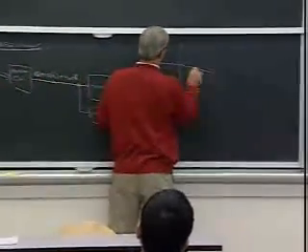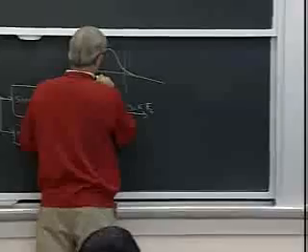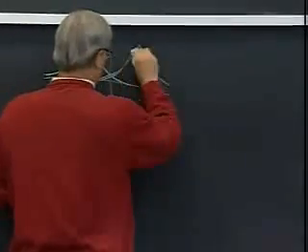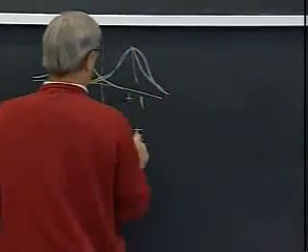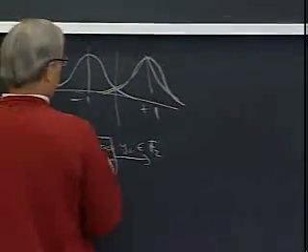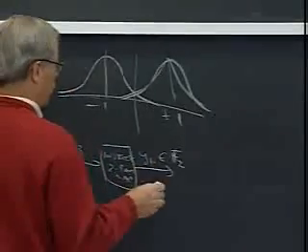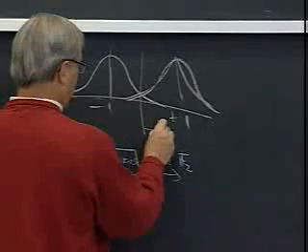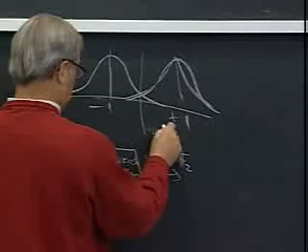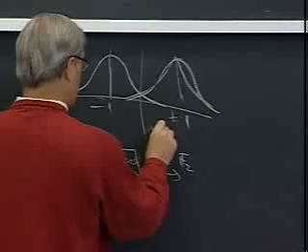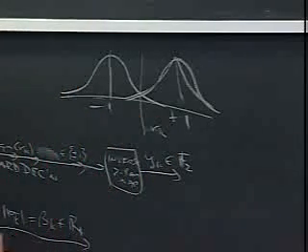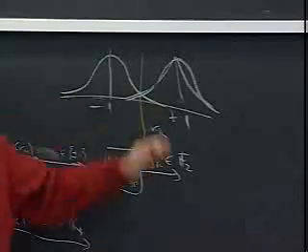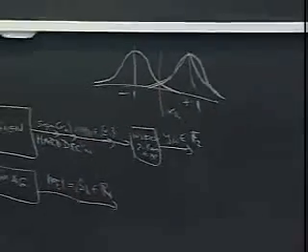Here's minus 1, or minus alpha, here's plus 1. If I sent a plus 1, then my maximum likelihood per bit decision would be to decide that plus 1 was sent if I get a positive sign in rk, and minus 1 if I got a negative sign. So that's what's called a hard decision. I'm going to decide right here what I think it most likely was, and this is the best way to do it.